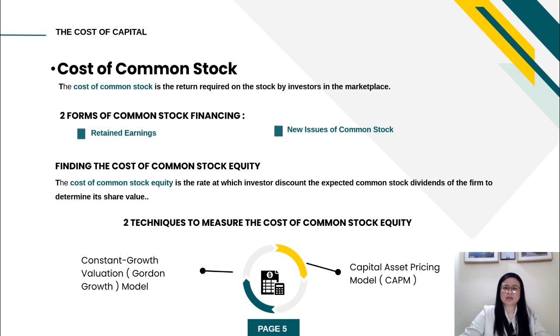What are the methods to measure the cost of common stock? As you can see here, there are two techniques used to determine the common stock equity: the constant growth valuation, also called the Gordon growth model, and the capital asset pricing model, or the CAPM.